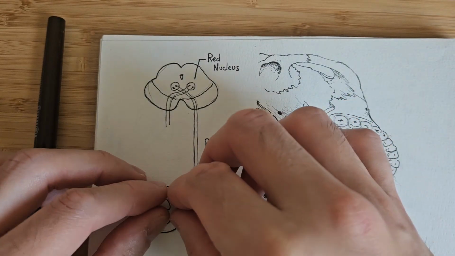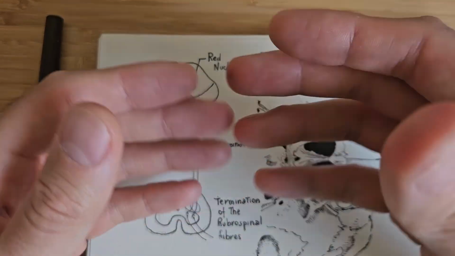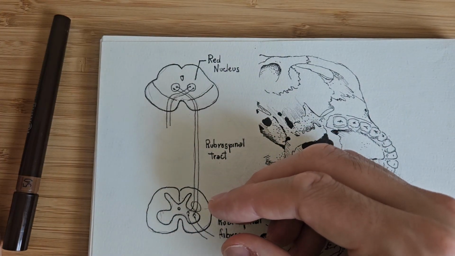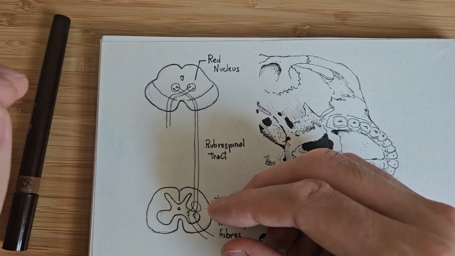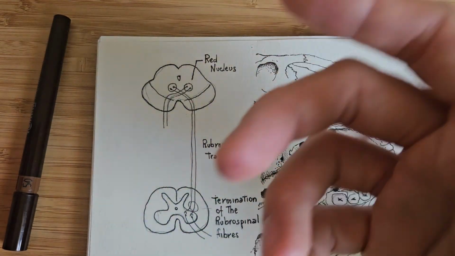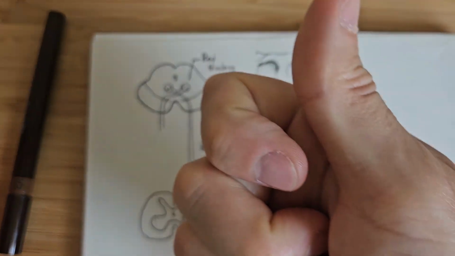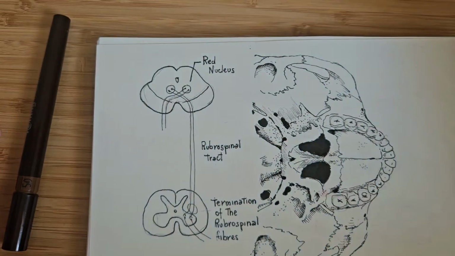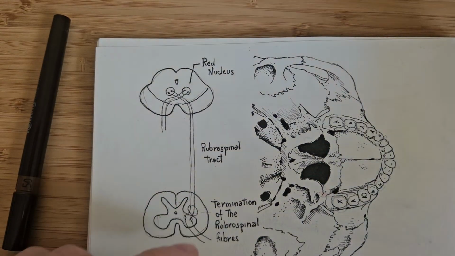And it works alongside other descending motor pathways, as I mentioned in another video. You can have a look at this video, such as the corticospinal tract, and it will ensure smooth and precise motor function.